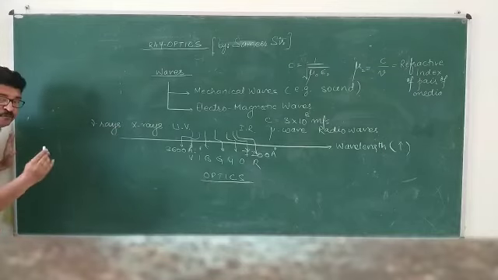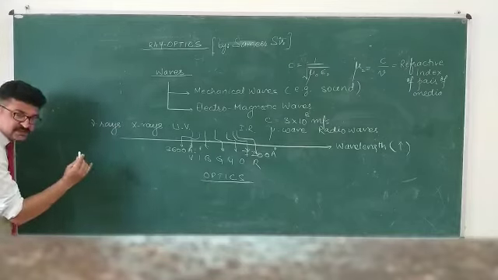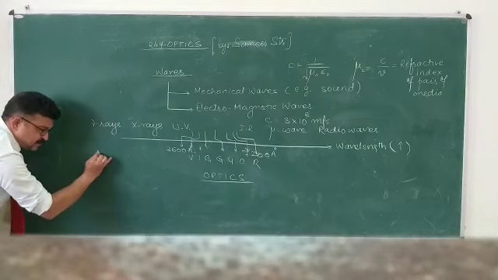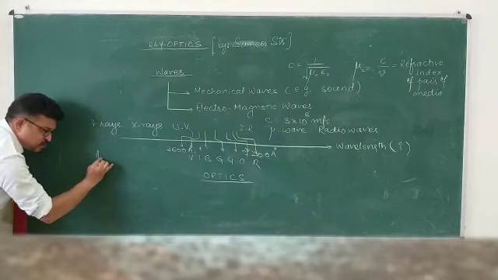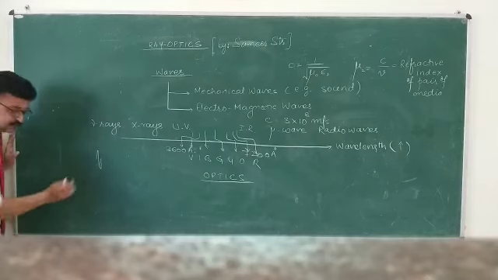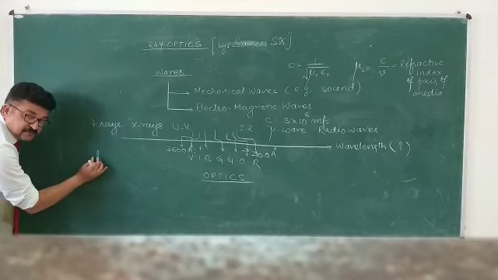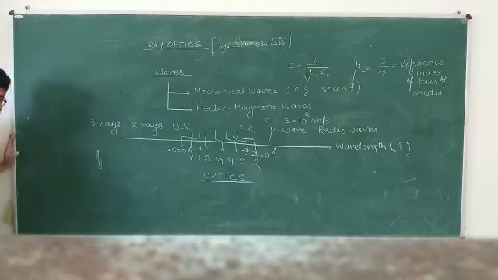Whenever the wavelength is very small, what does it mean? If the wavelength is very small, that means the wave is so small that its behavior cannot be visualized as a single part.